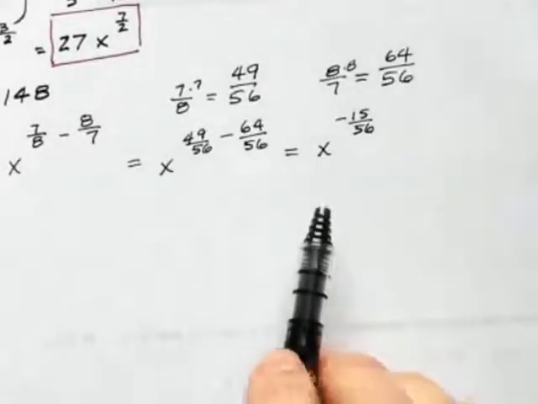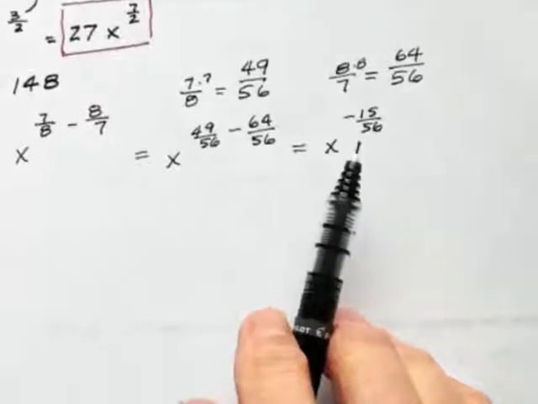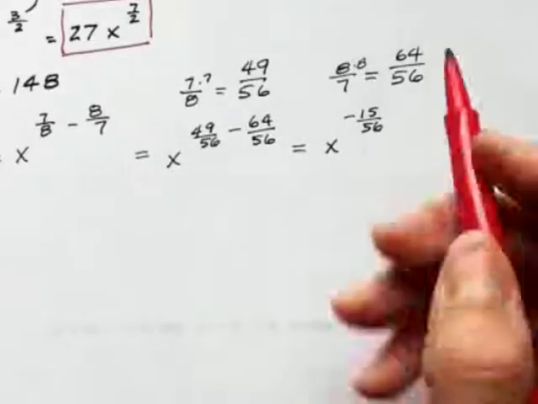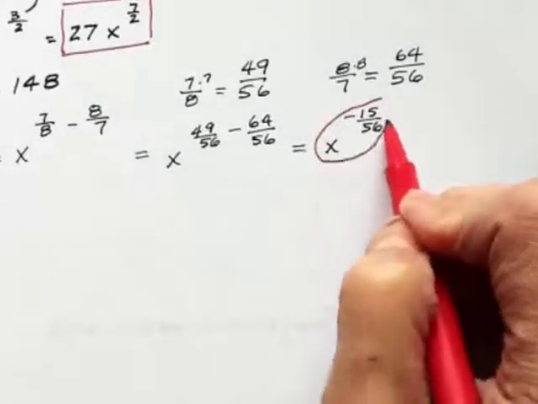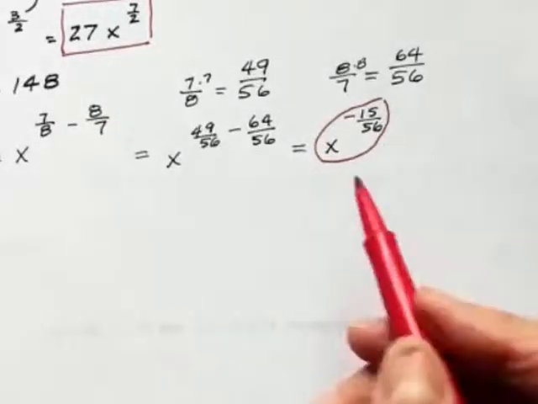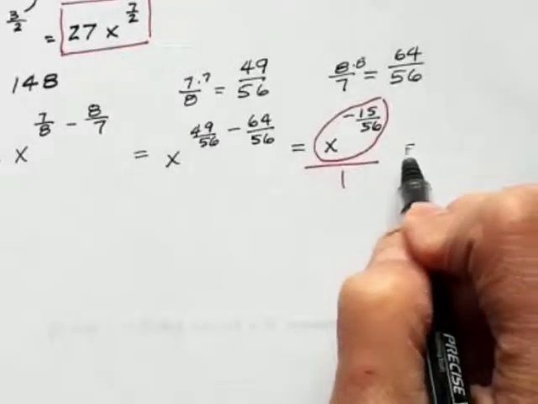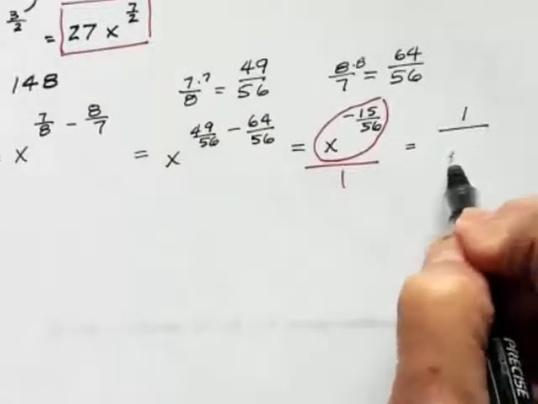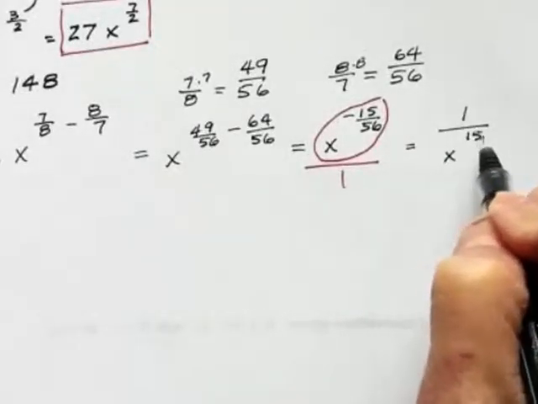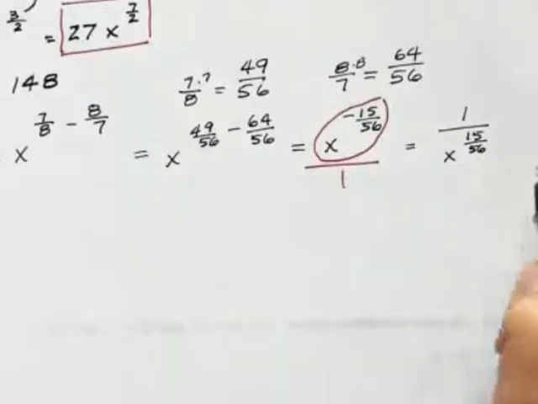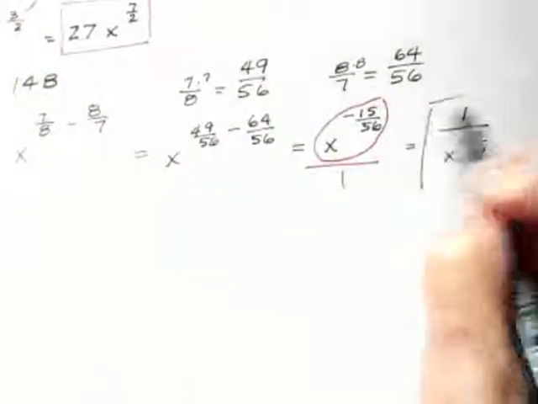We don't ever want to leave our answers with a negative exponent. So I'm going to again circle this. That means I need to move it. Well, where am I going to move it? I don't have a fraction. Well, I'm going to make myself a fraction so I can move it. And when I move it, it becomes 1 over x to the 15/56. And that is my answer.